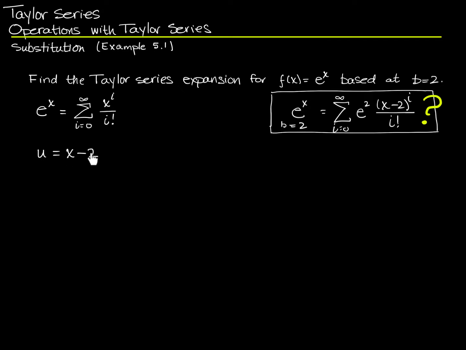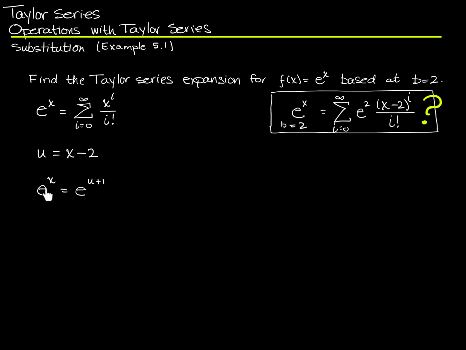I'm going to substitute it for x minus 2, because right now this thing is centered at 0, but I want it to be centered 2 units to the right of 0. So I'm thinking about it as my work being shifted 2 units to the right. If I make that substitution, then I can now think of e to the x as e to the u plus 2, right? If I add 2 to both sides of this equation, I get u plus 2 equals x.